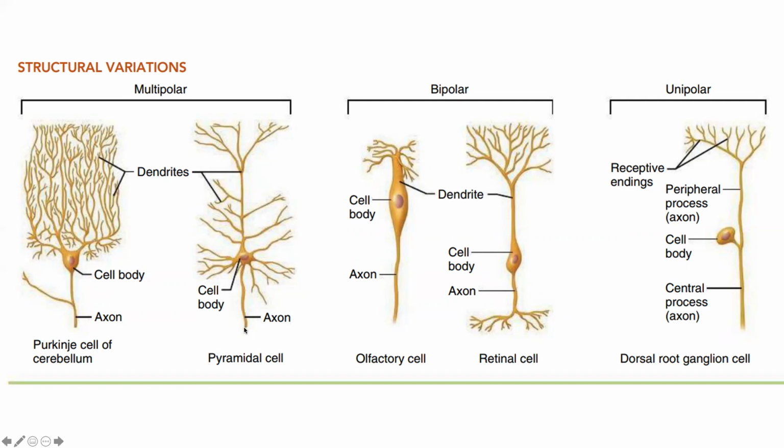That is the multipolar neuron. In the bipolar neuron, there will be many dendrites which form into one large single dendrite here, and then come to the cell body. In the unipolar neuron, multiple dendrites fuse to form the peripheral process of the axon, and then they come to the cell body, and from the cell body, another central process, which is again axon, will come out.